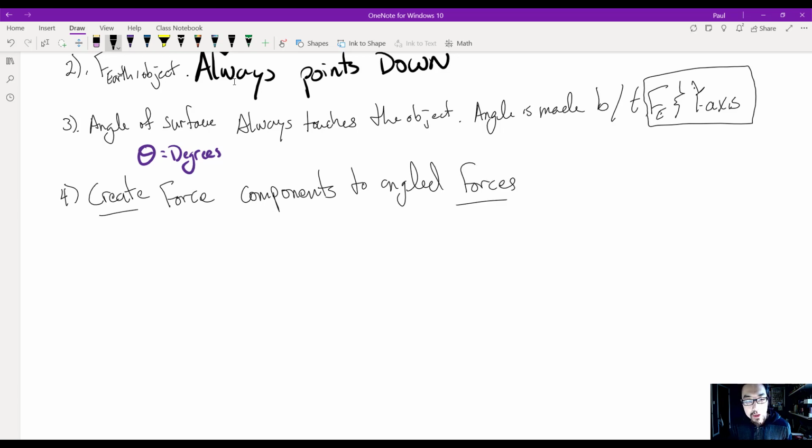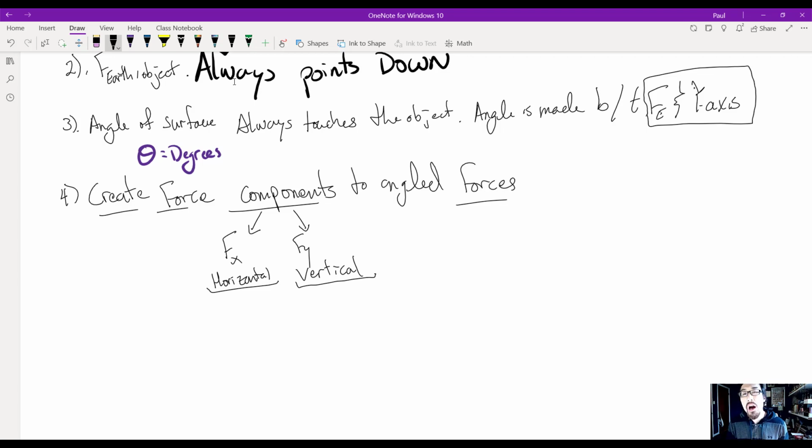Okay, we need to create force components to angled forces. And what I mean by components, this is an F of x, or a horizontal component, and an F of y, which is a vertical component. Now it's important to know that your force components are not actual forces. Your force components make up your force, but they're not the forces themselves.